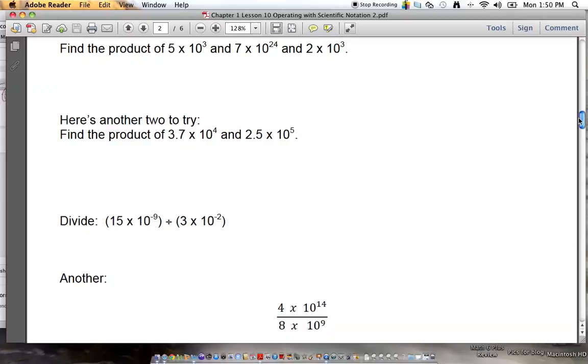Do this one. Now you've got 3 things to multiply. Notebooks out. Let's go. You can do work. Let's go.